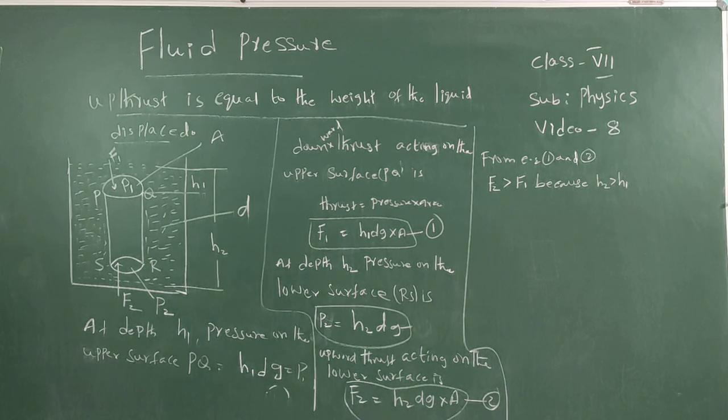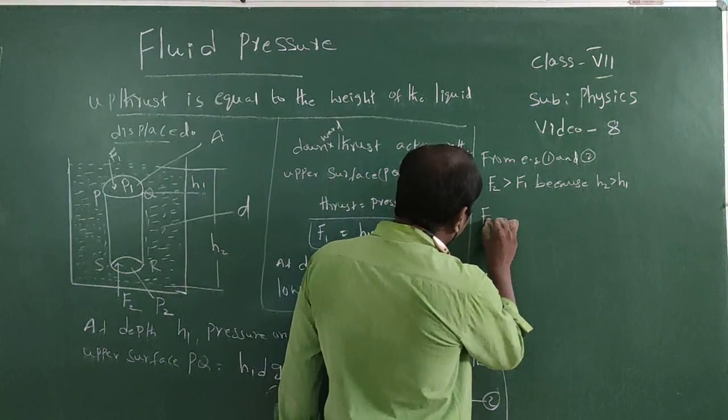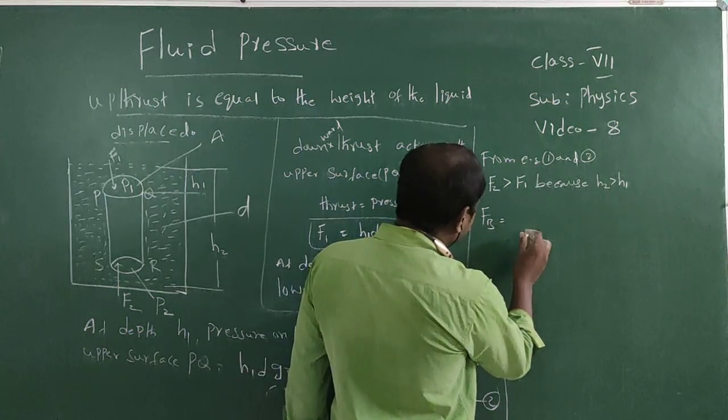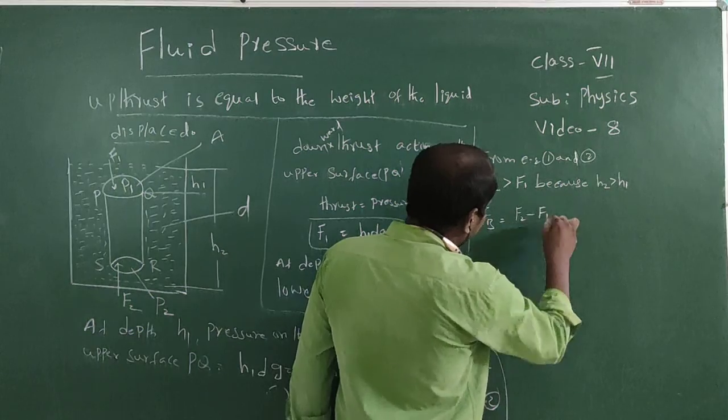The resultant upward thrust on the body is the buoyancy force FB, equal to the greater force minus the smaller force, that is F2 minus F1.